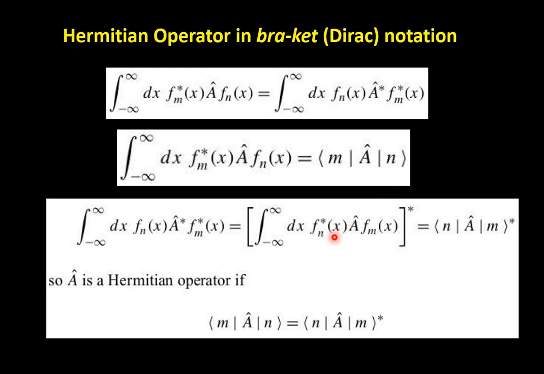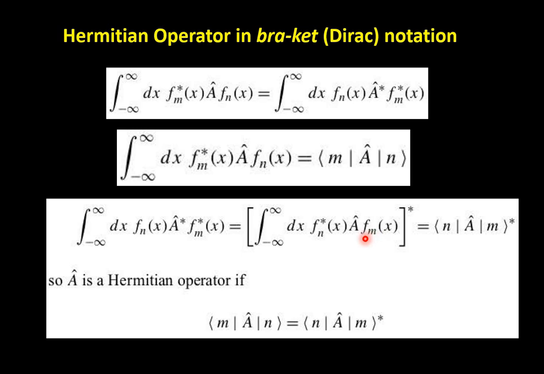Now the right hand side: ψn A* ψm*. You know that for a function f(x), if you take the complex conjugate two consecutive times, f(x)* and then star again, it leaves you the original function f(x). So that advantage you are taking in this step: ψn is converted to ψn*, I am taking a complex conjugate, A* becomes A and ψm* becomes ψm.